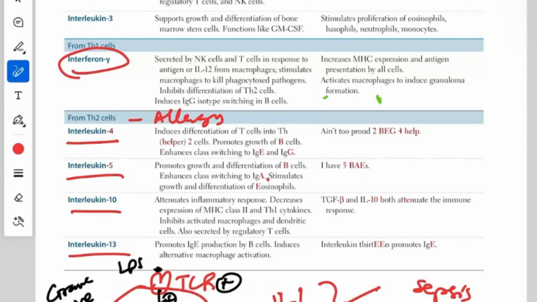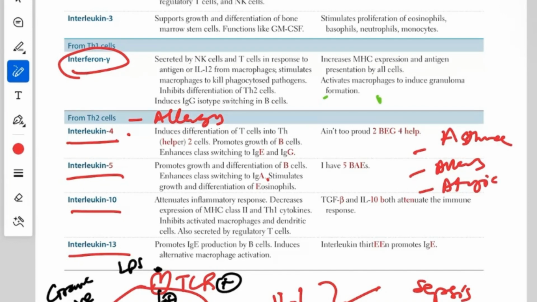These are the ones produced by Th2, involved in allergic reactions or type 1 hypersensitivity reactions. So you'll be talking of asthma. The conditions where you find Th2 are asthma, allergic rhinitis, atopic dermatitis, and eczema.